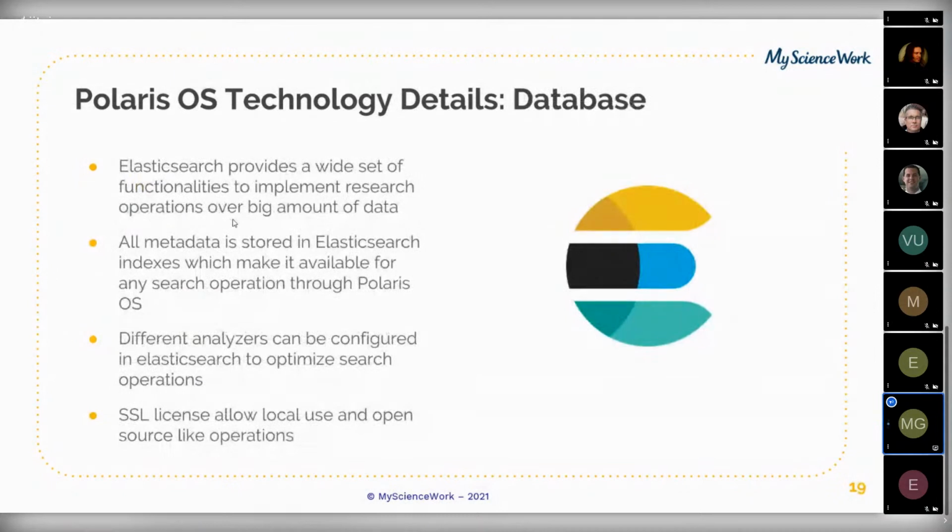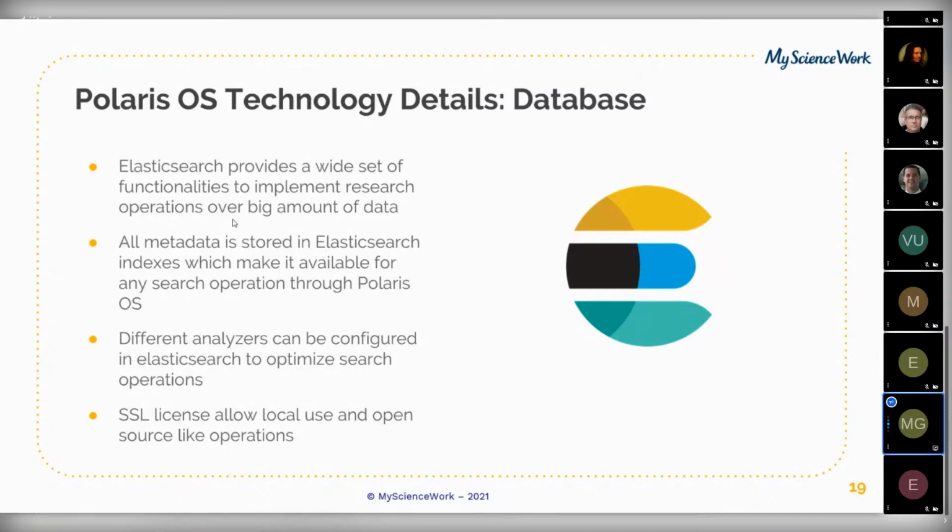In terms of data storage, as I said, we use Elasticsearch for storing all the metadata of each of the objects, as well as the configuration and the predefined lists that we use in Polaris OS. We took the decision at some point to have just one single database instead of mixing two, one for the data and another one for the search itself, just because we wanted to reduce the complexity of the installation and the maintenance of the system.